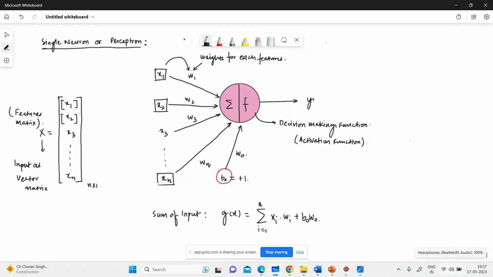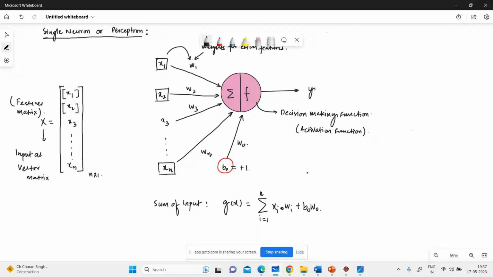Here xi dot wi is a dot product, or you can also call it a scalar product, between input and weights. Between input and weights we have this value, which is the sum of all the input data. It's given by g of x.